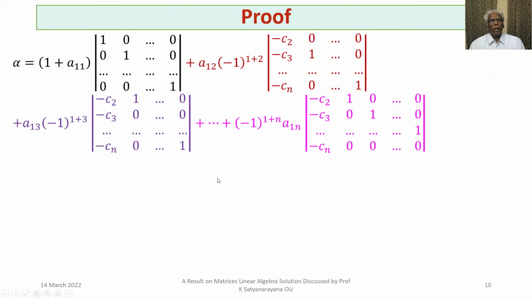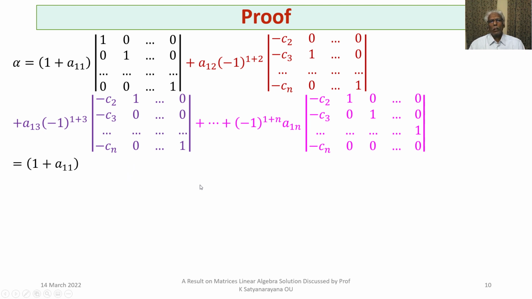So this is what we have. Now we further write down the value of it. So alpha is equal to 1 plus a11 into this n minus 1 by n minus 1 identity matrix, that is 1.